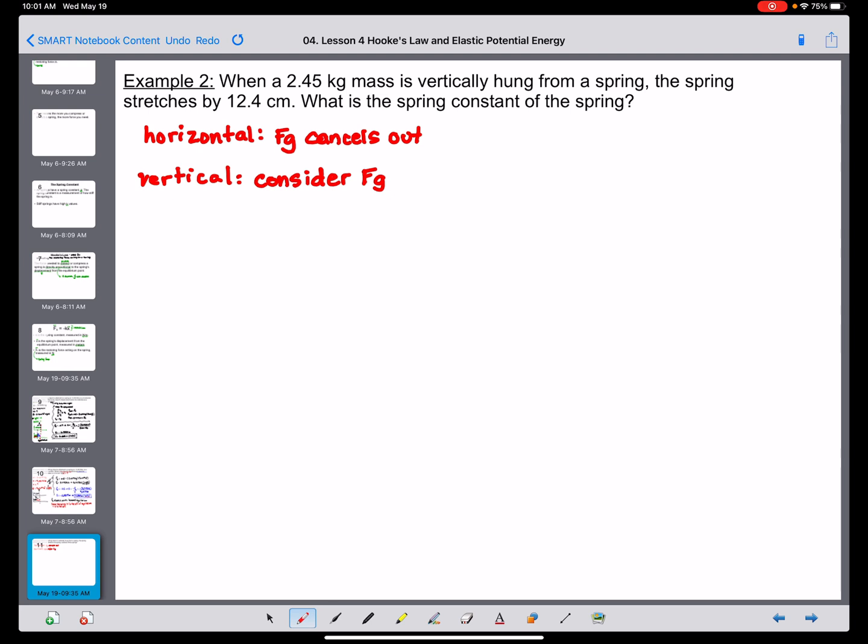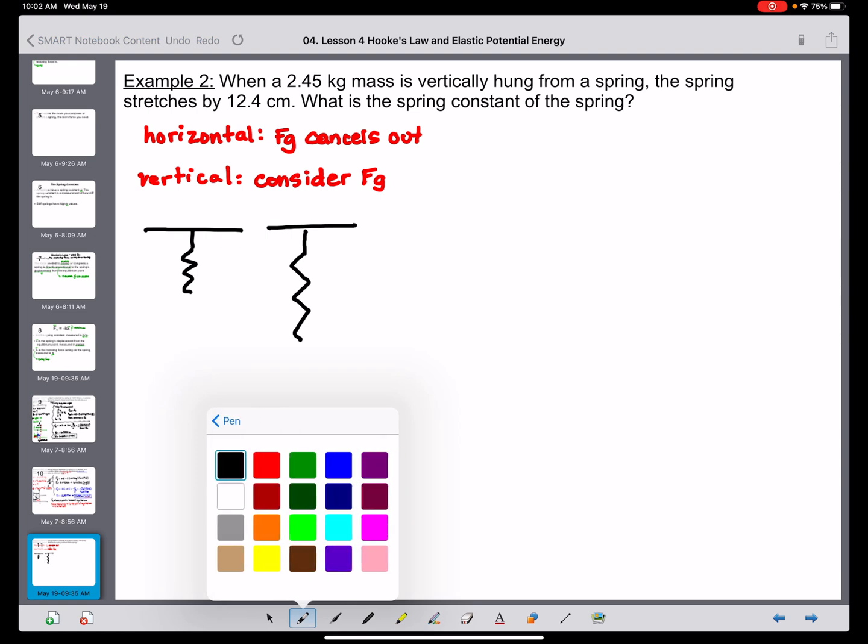So if we draw this, okay, we're gonna have our spring, and when the spring is just hanging naturally, that's where it's gonna be. But then when somebody hangs a mass on the end of the spring, it is going to stretch out.